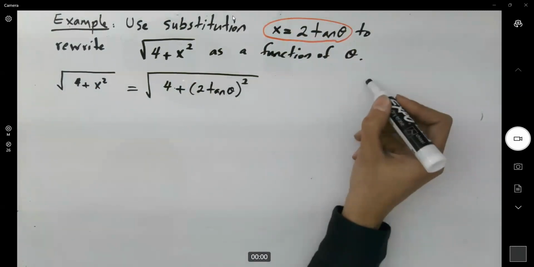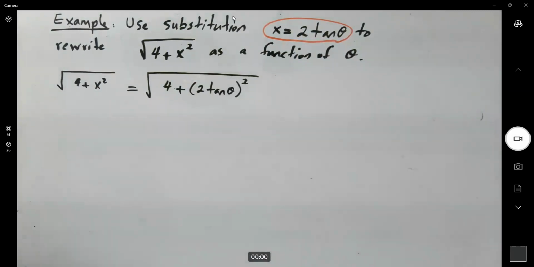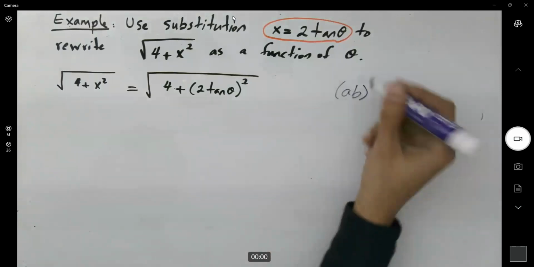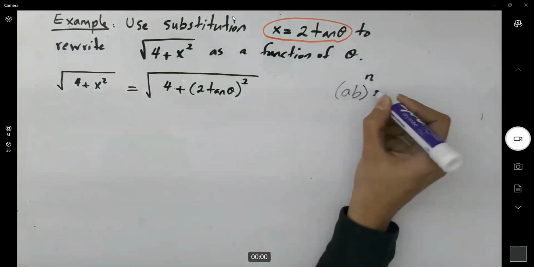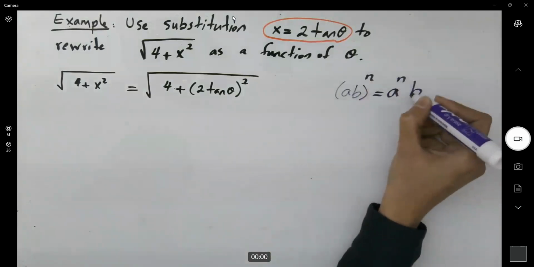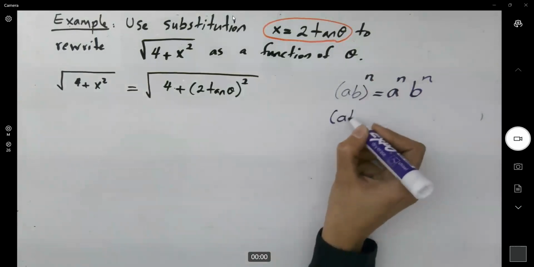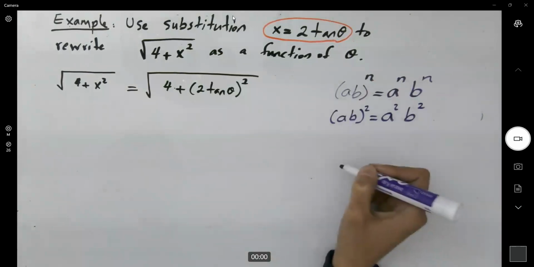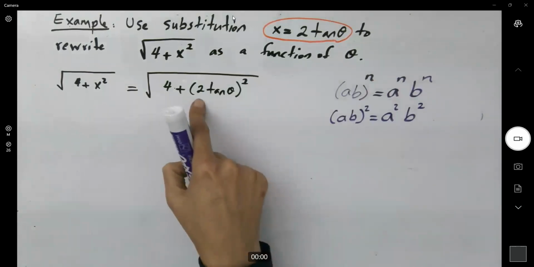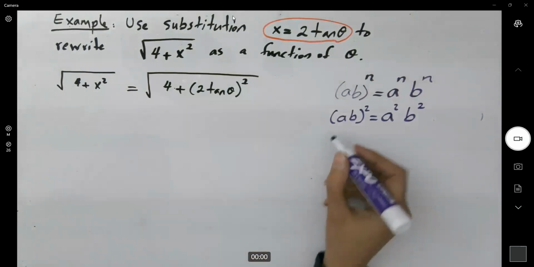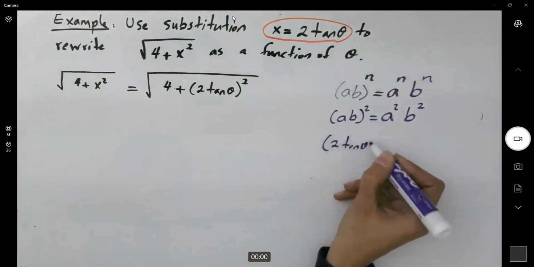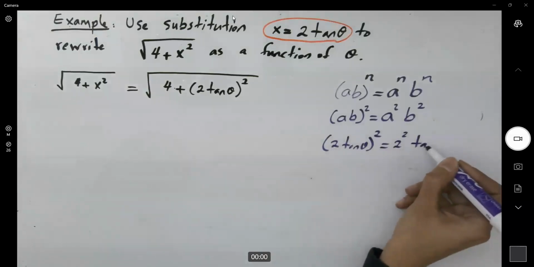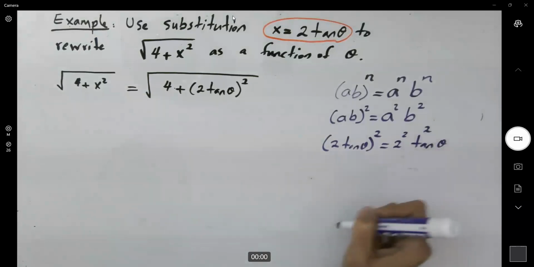Okay, let's go back to algebra. From algebra, we know that if we have A times B to the power n, this becomes A to the n times B to the n. Especially AB to the second power is A squared times B squared. Okay, 2 times tangent of theta to the second power becomes 2 squared times tangent squared of theta.